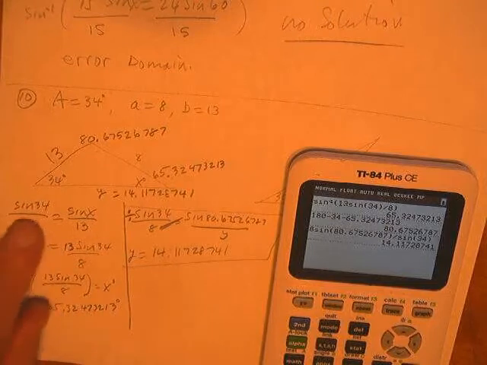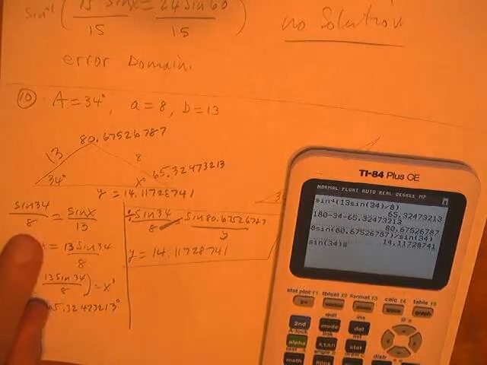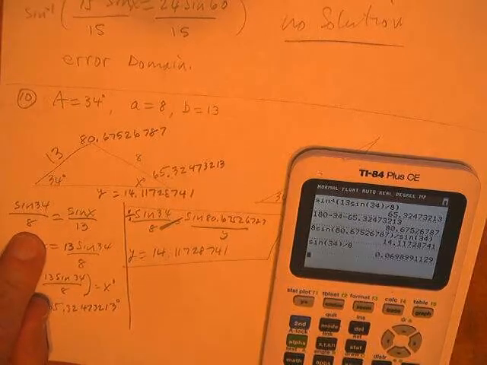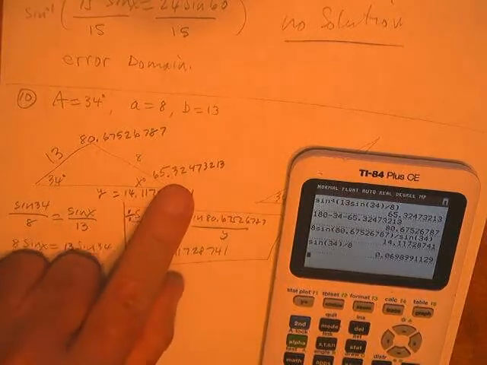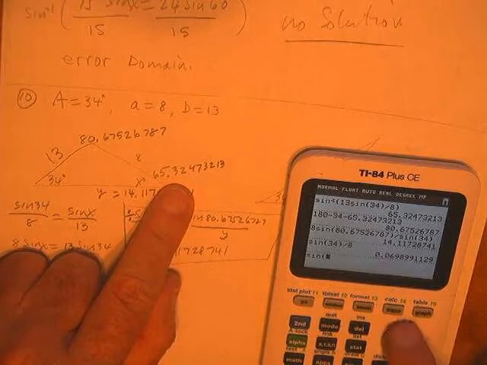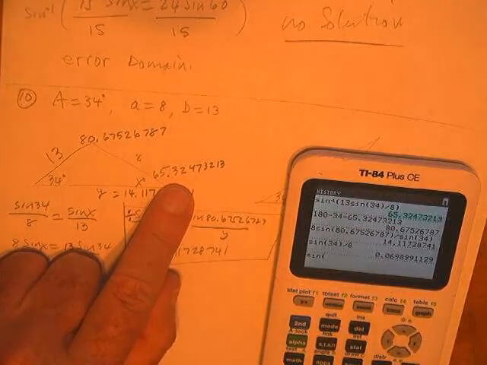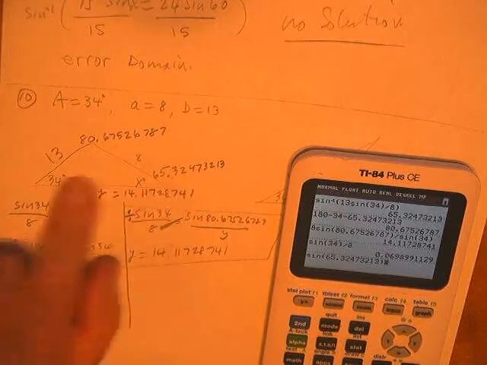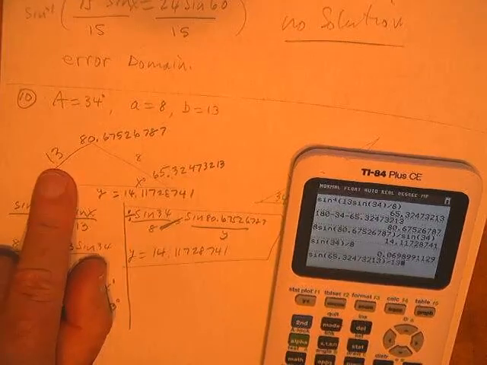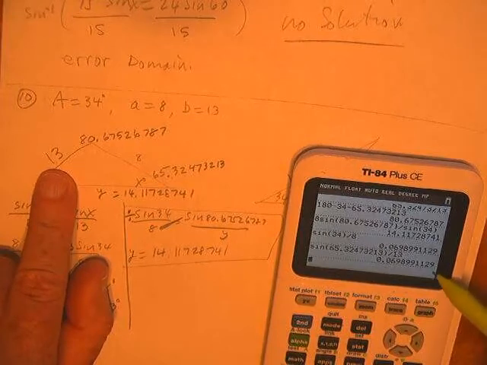Okay, so let's test this. Sine of 34 divided by 8 is that decimal. Let's go get that angle. Sine of the 65 one divided by 13. Those decimals are matching, so that's good.